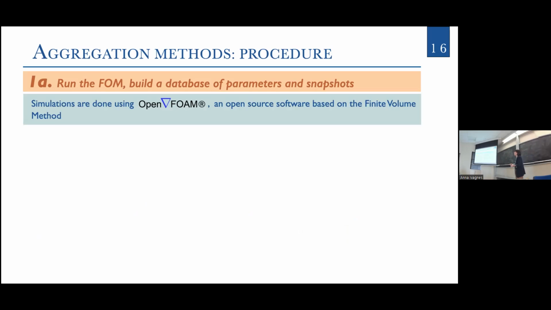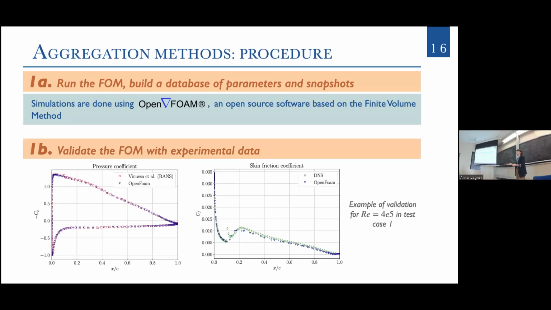Okay, so I will not go through all the details of the full order model. I'd like just to say that all these simulations are run with OpenFOAM, that is an open source software based on finite volume discretization. And also that our full order model was validated with experimental data. Here you see just an example for the first test case. So you see in blue the pressure coefficient that we obtained with OpenFOAM.